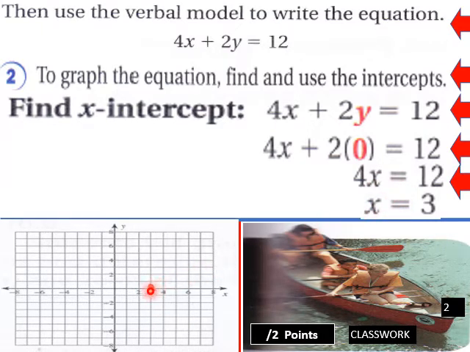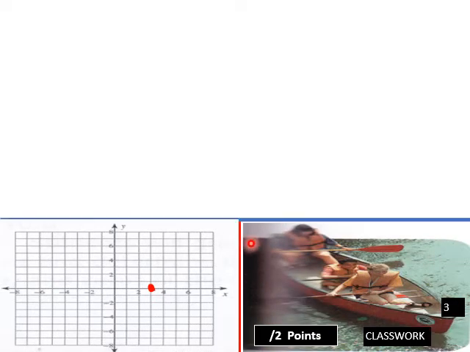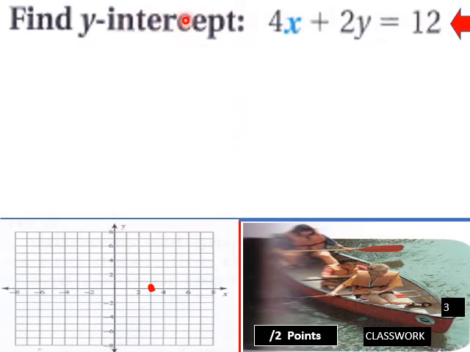This will be our time when y equals 0, which is our drifting time. So when drifting time is 0, we travel the 12 miles in 3 hours. Okay, now we need to find our y-intercept.